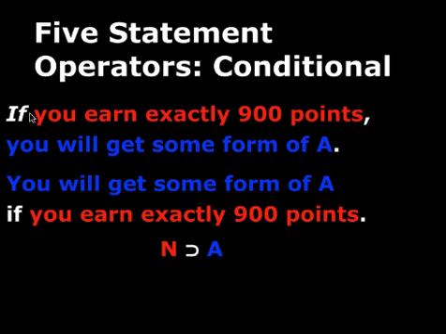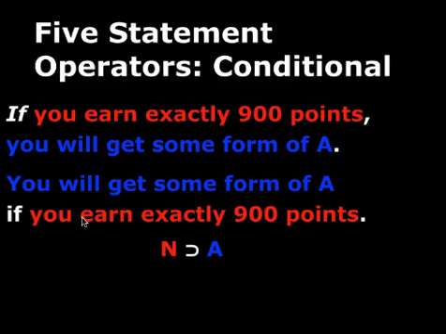Don't say, oh, it's a conditional, this one was first, so I'm going to put it first here. No, because English might screw you up. English might put the antecedent second. How do you know it's the antecedent? Well, you know it's the antecedent because it's the thing following "if."